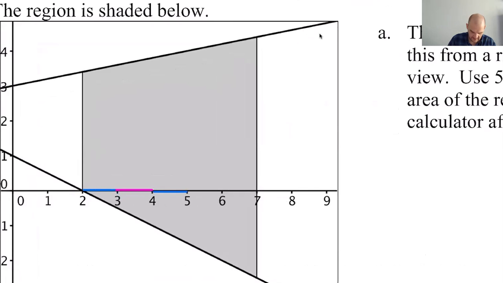So we're gonna have 3, and then 4, and then 5. So 5 bases. Each base is gonna be 1. 7 minus 2 divided by 5 gives us 1. So each of the bases will be 1.